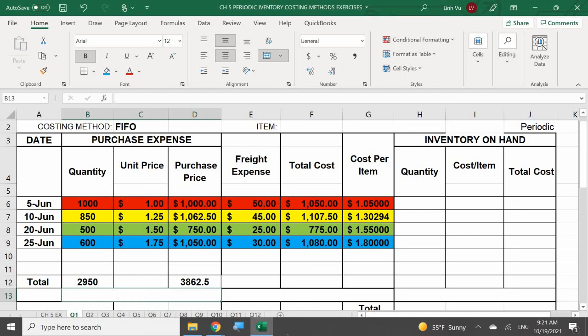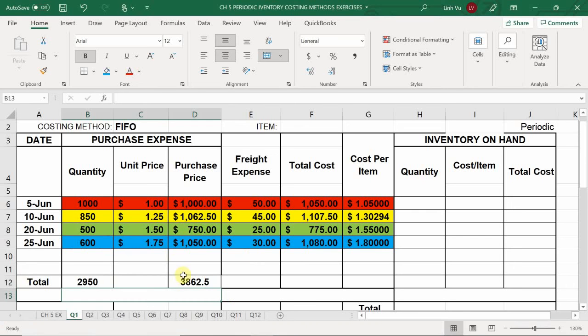No, okay, what was that? Isn't it $3,912.50? I think that's because you might have added the freight of $150. For $50. Yeah, there you go. Okay, so there you go.